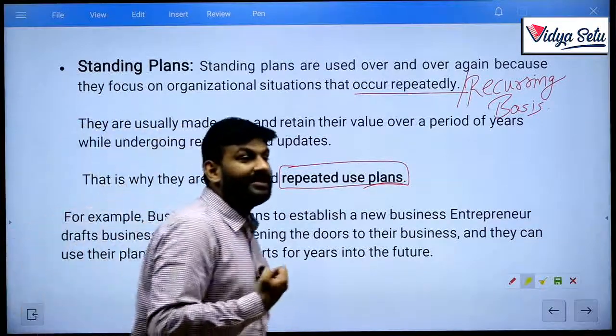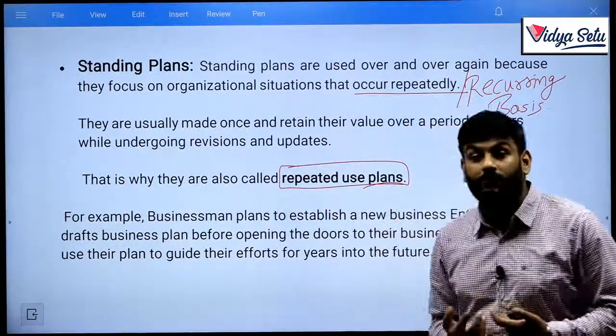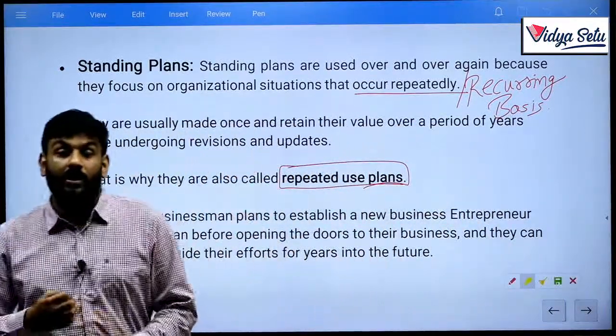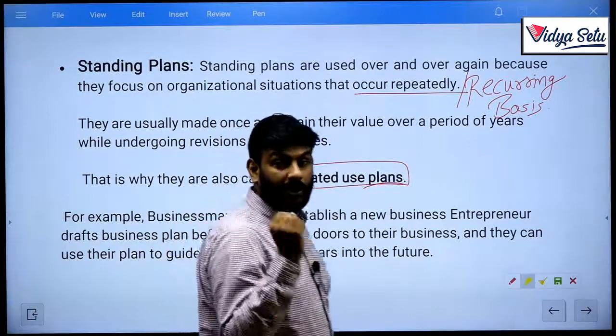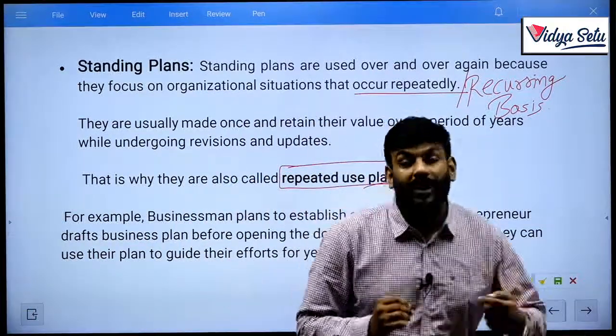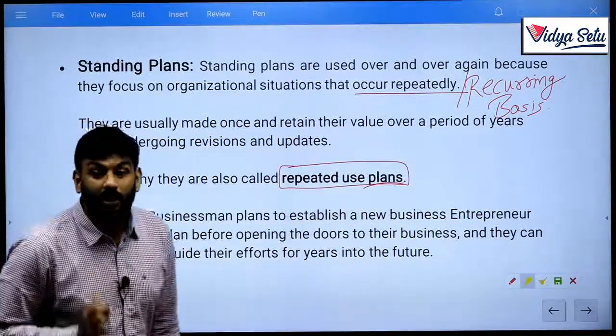So there are various kinds of standing plans. Like I said, strategies are examples of standing plans. When you formulate a strategy, it won't last for a one time use only; it lasts whenever we require such a strategy in the future as well as in the current scenario.